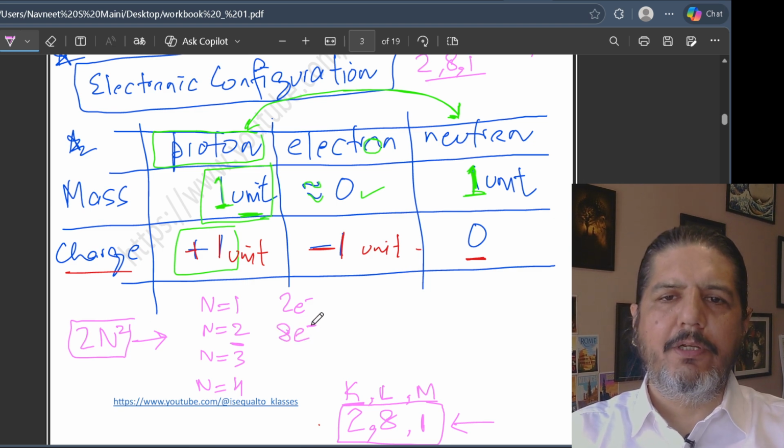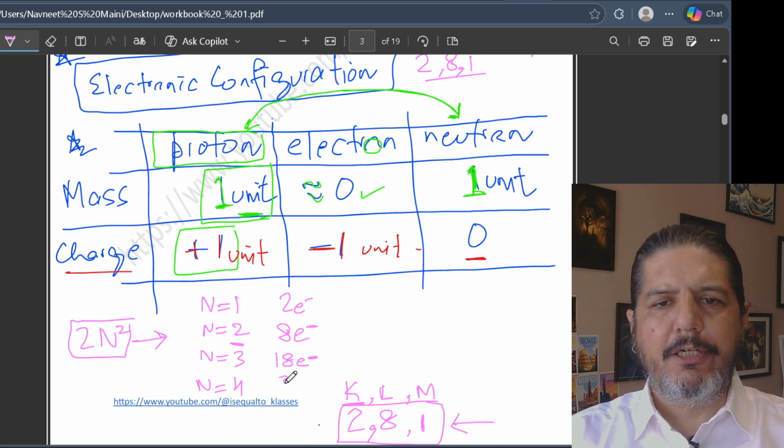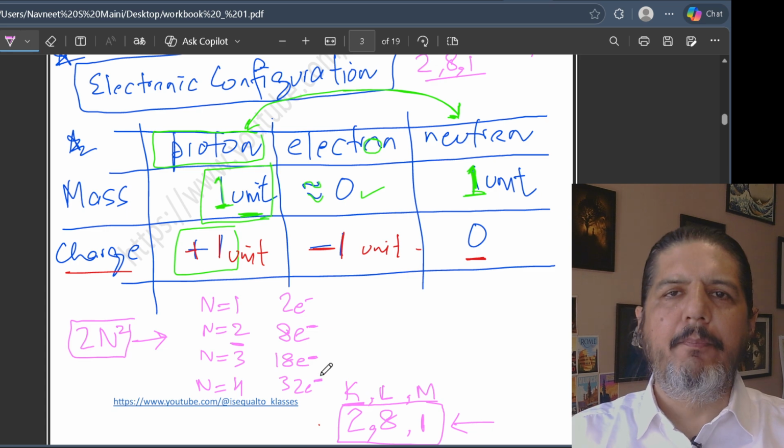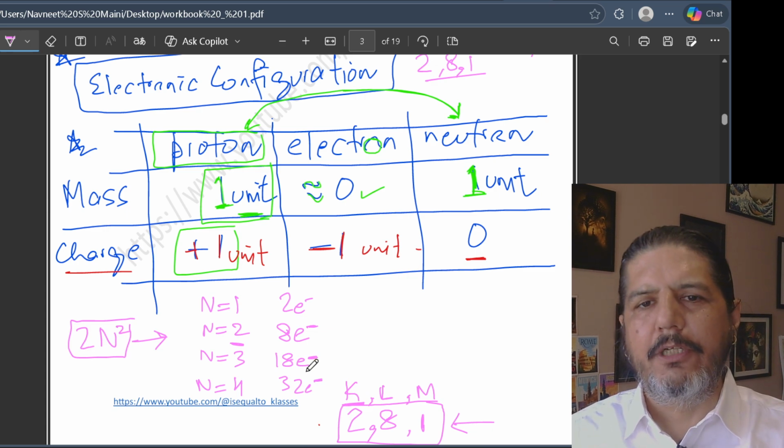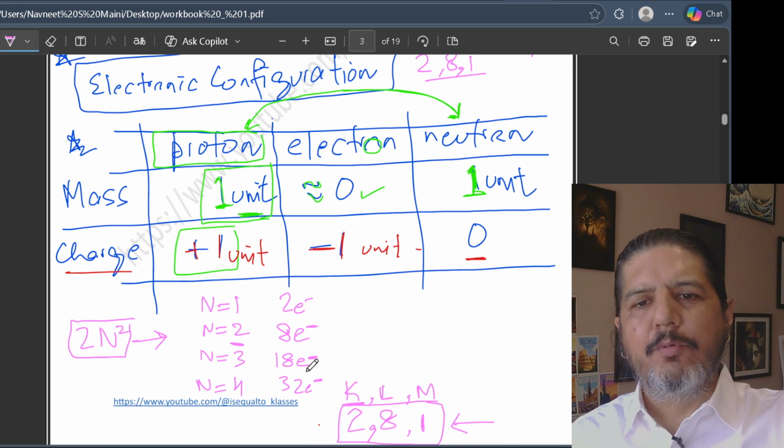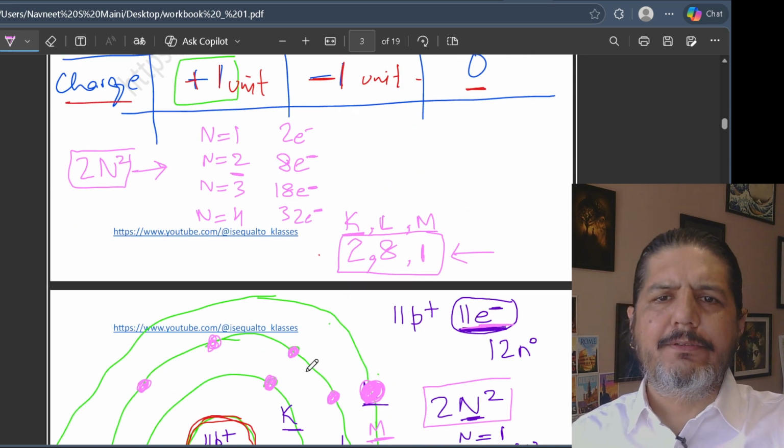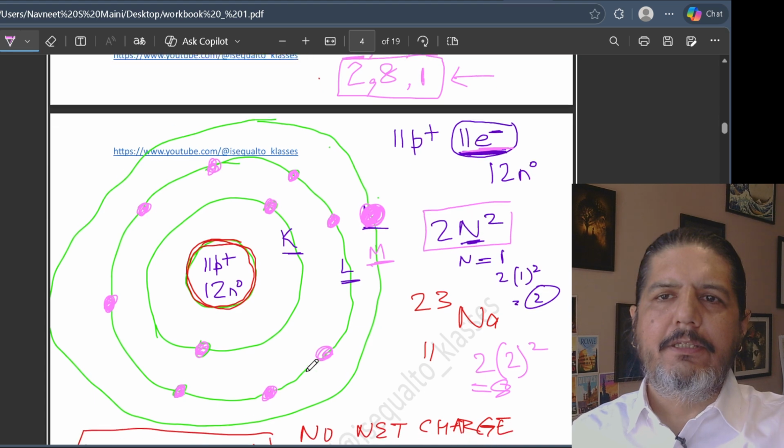This is the maximum you can have. In the third shell, 3 threes are 9, 9 twos are 18, 18 electrons maximum allowed. In the fourth shell, 4 fours are 16, 16 twos are 32, 32 electrons are the maximum electrons that are allowed in the fourth shell. This rule was given by Mr. Niels Bohr. He did the calculations and he gave us these results.